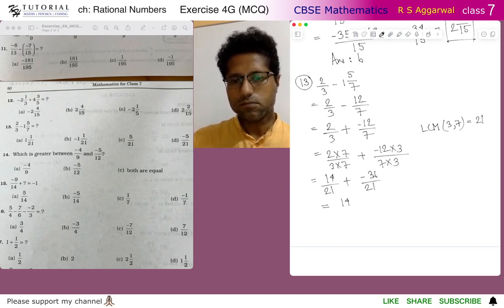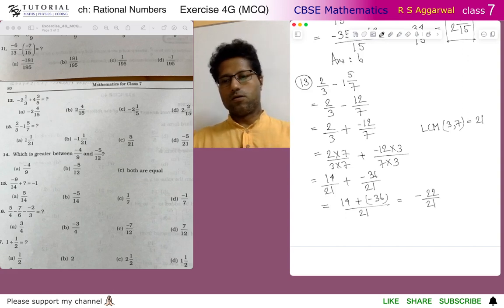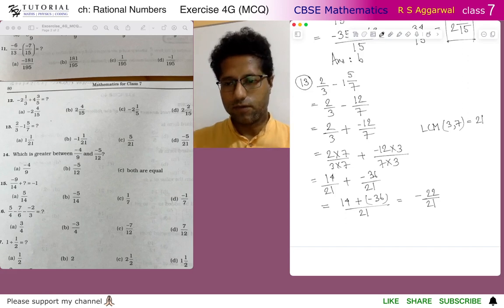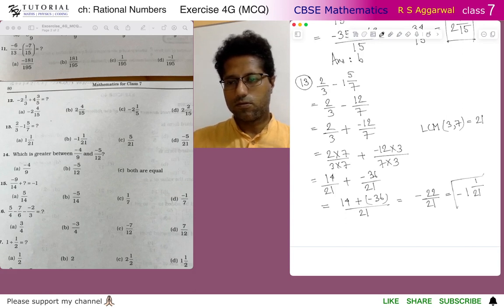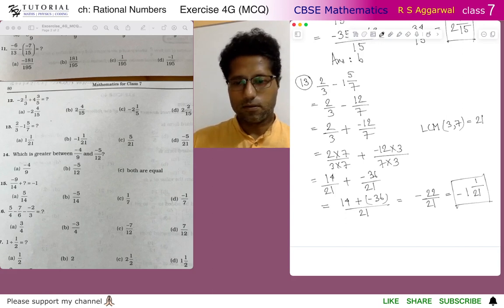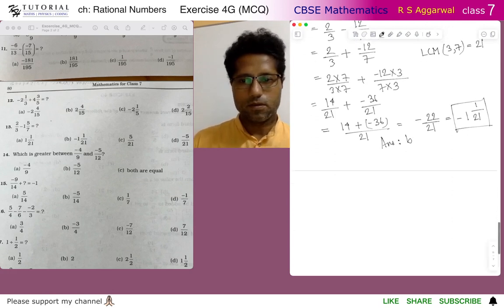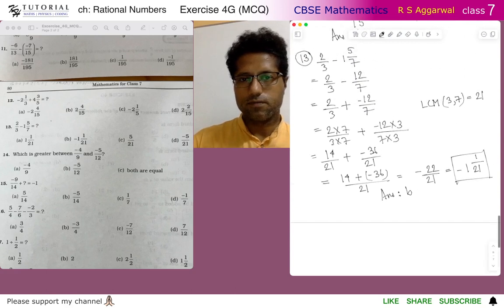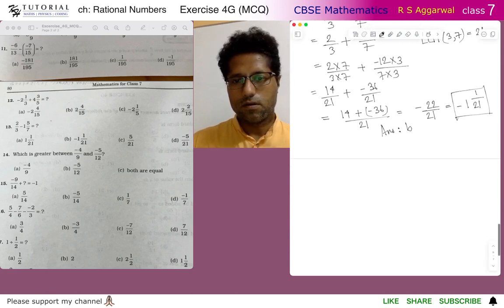So this becomes 14 plus minus 36 divided by 21. This is minus 22 by 21. It's an improper fraction. If we convert it to a mixed fraction, this becomes minus 1 and 1 by 21. So this is the result, and the answer is choice B. Okay, let's do question number 14. You can take a screenshot. Question number 14.